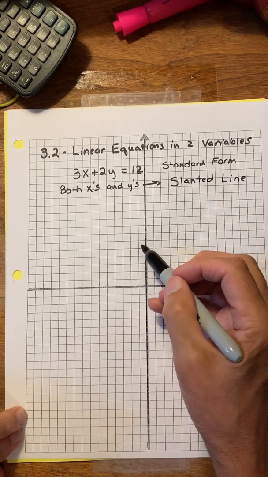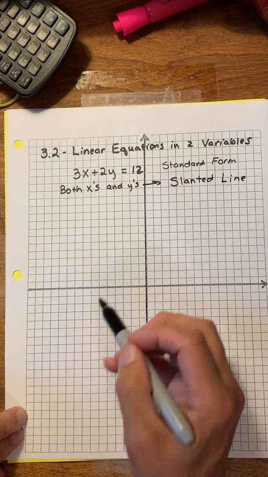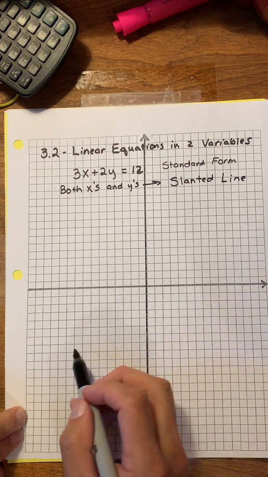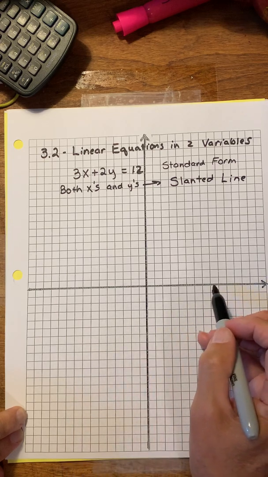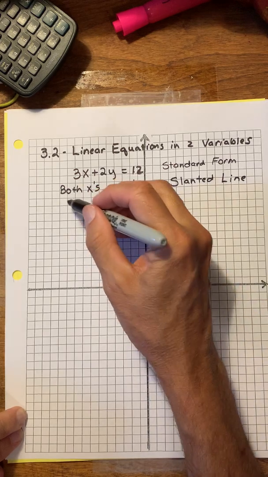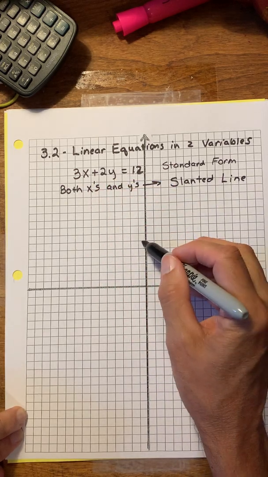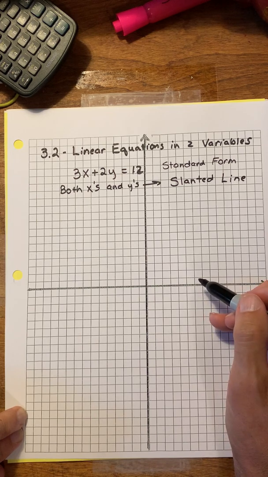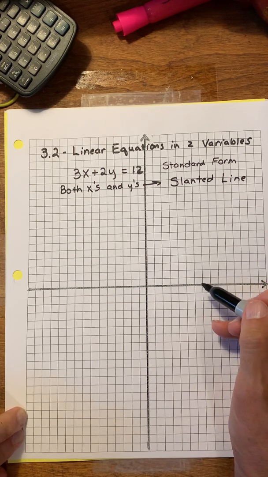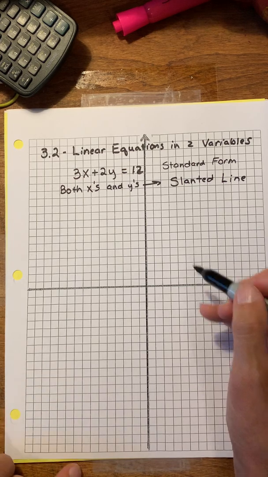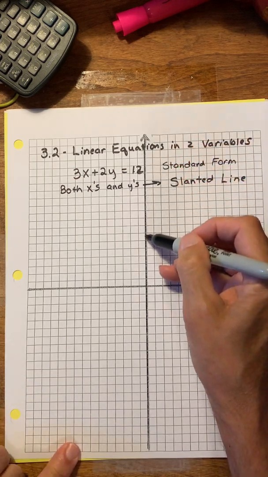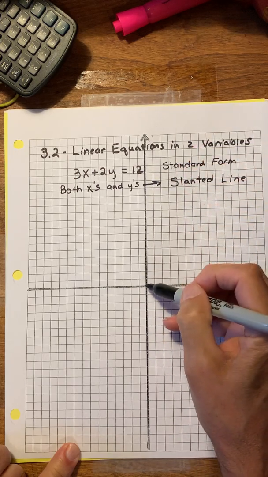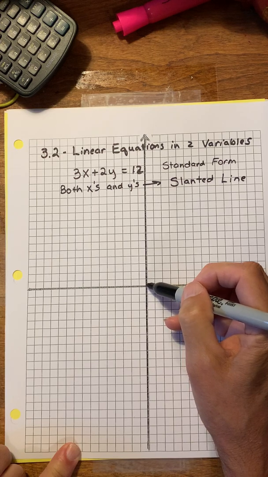Any slanted line is eventually going to cut both the y-axis and the x-axis. So if you have a slanted line, it will eventually cut both axes. It has what is called an x and a y intercept. May I remind you of something that we observed about every single point on the y-axis. Do you remember this? Every single point on the y-axis has an x value that's 0.